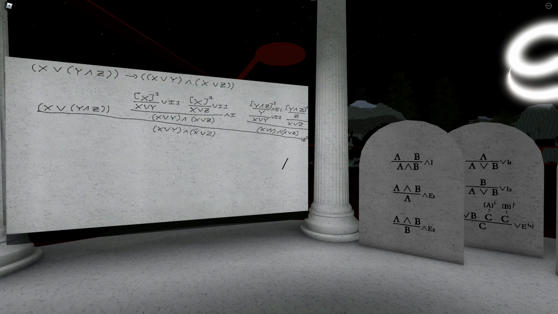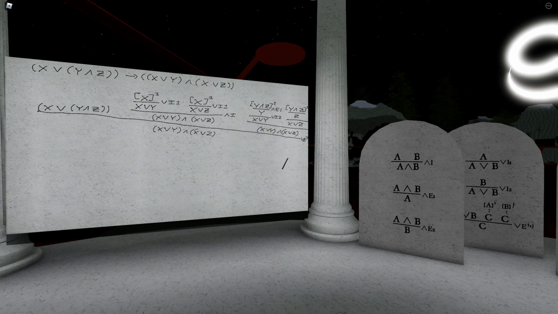Within that environment where you're considering x to hold, within that case, x has been assumed. But the point of the or elimination rule is that once we've entered those two cases separately, the assumption of x and the assumption of y and z are assumptions within those cases.